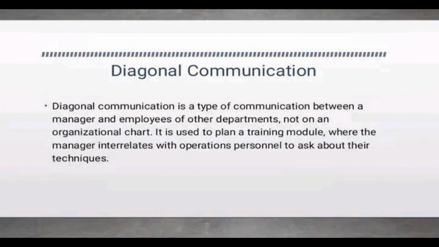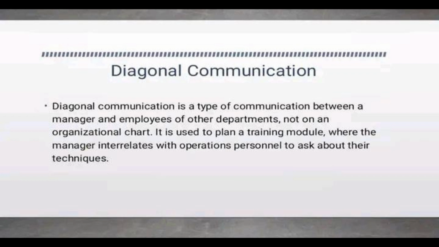Diagonal communication. Diagonal communication is a type of communication between a manager and employees of other departments, not on an organizational chart. It is used to plan a training module where the manager interrelates with operations personnel to ask about their techniques.